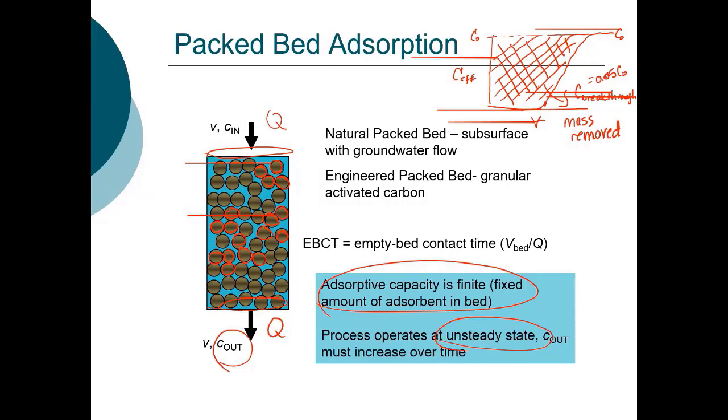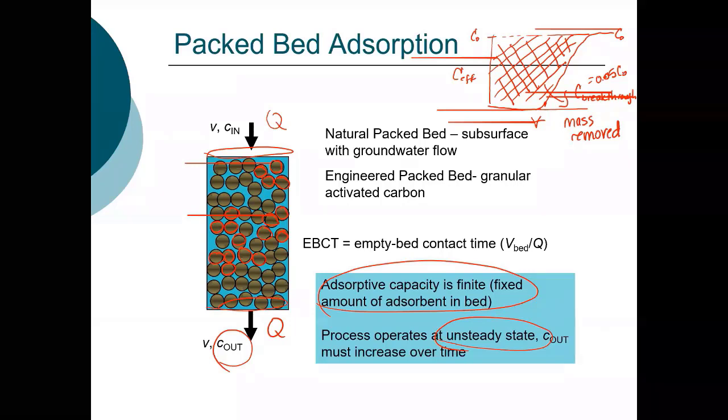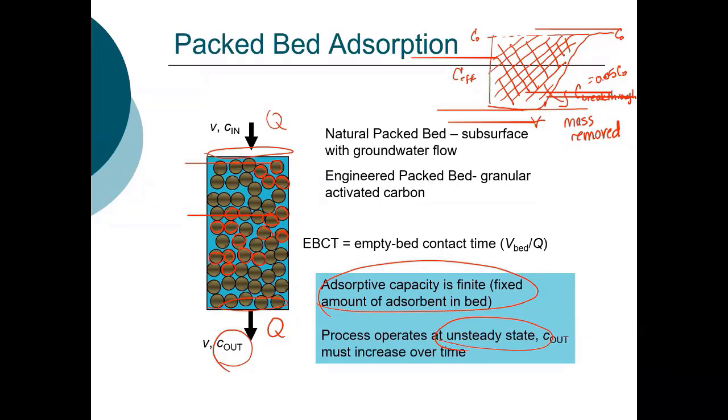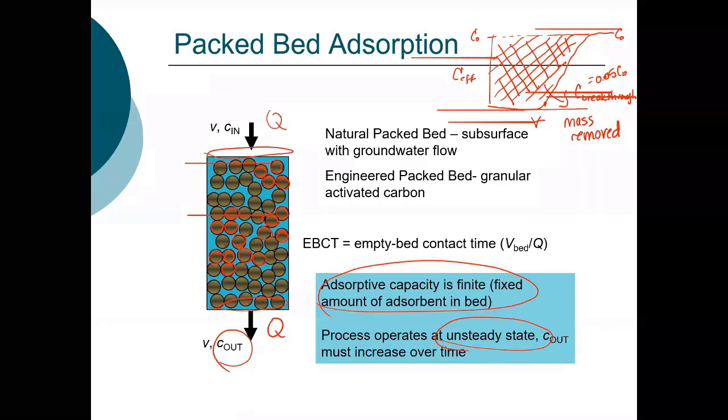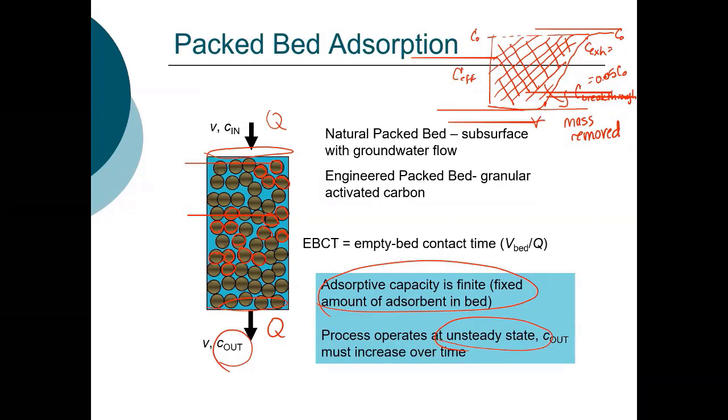So we'll just do all of the designs with 0.05, but the actual breakthrough concentration in actual systems is based on a regulatory limit. And then we will also use C exhaust, and that is typically taken as 0.95 times C naught. So those are the terms that we need to think about.